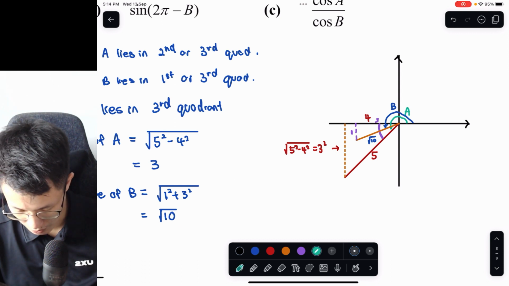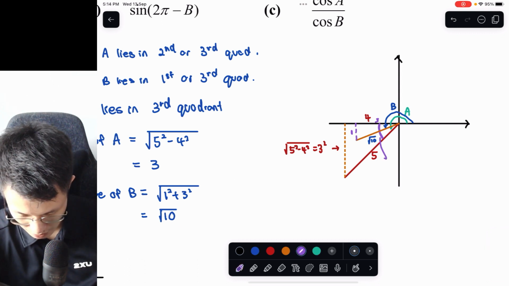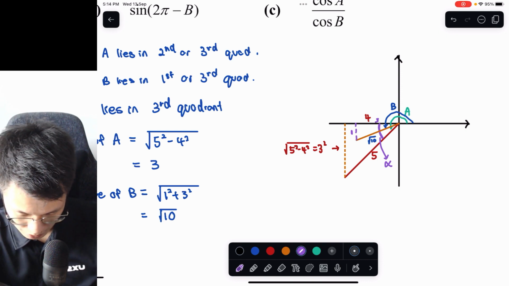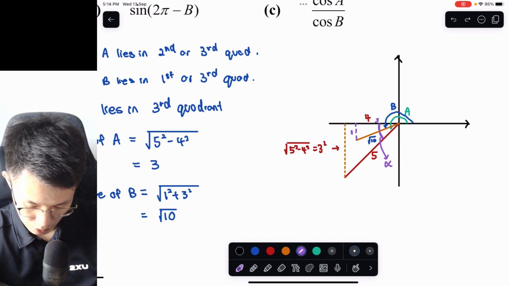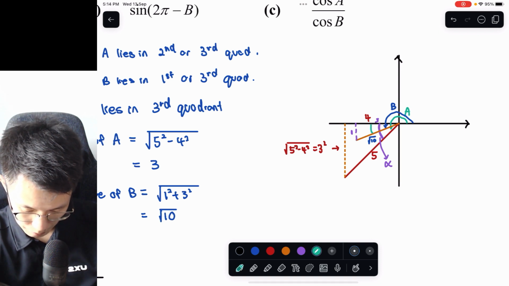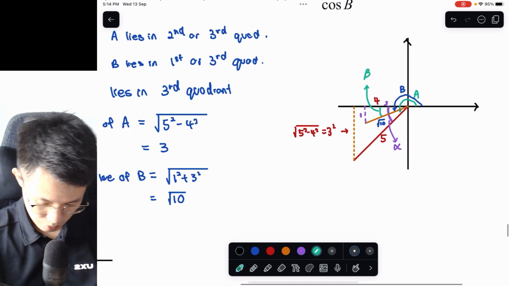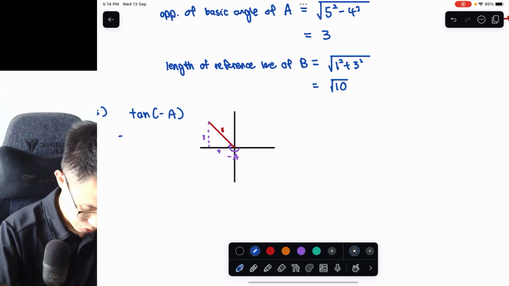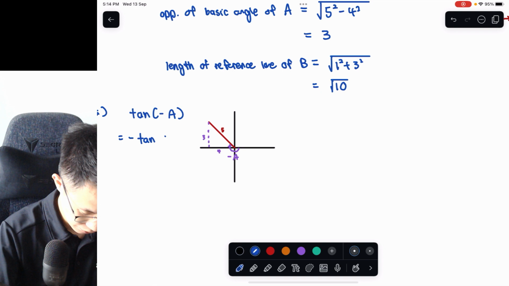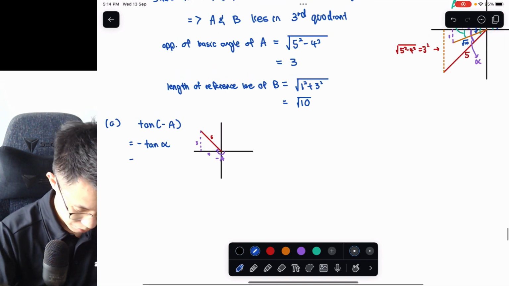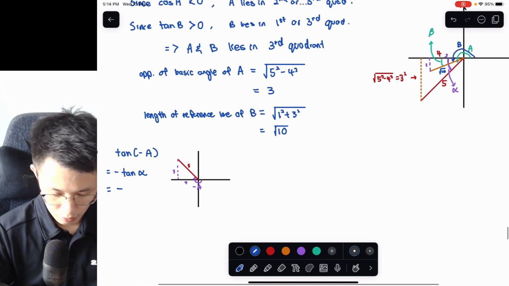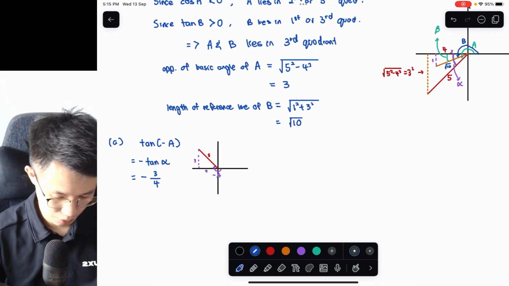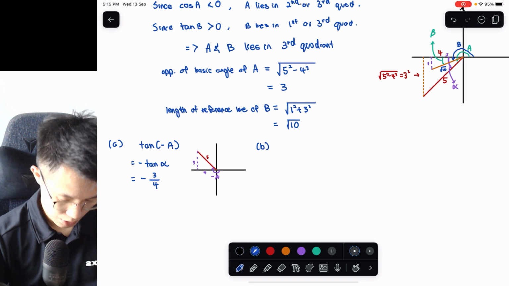The basic angle of B, let's call it beta. So it will simply equal the negative of the tangent of alpha, which is simply negative 3/4. And that is your answer for tangent negative A.